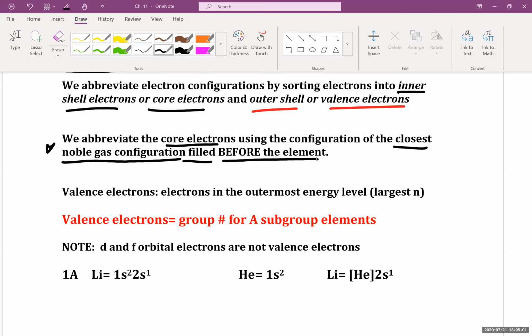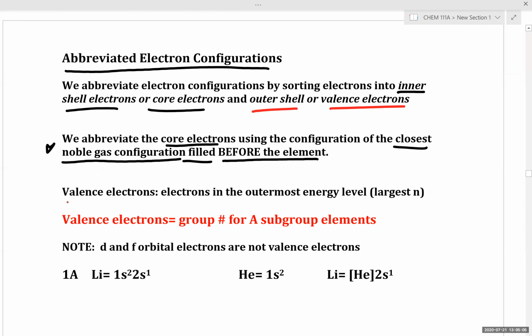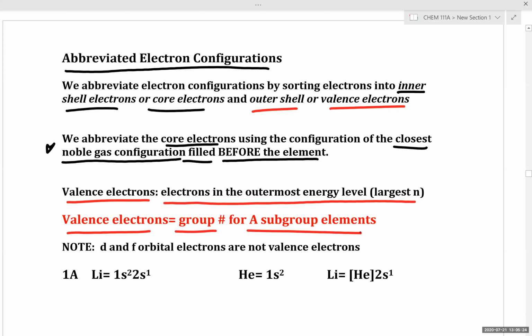So you may ask, well, what are core and valence electrons? Valence electrons are defined as the electrons in the outermost energy level, those with the largest n. These are the electrons farthest from our nucleus. Now, the number of valence electrons equals the group number for group A elements.